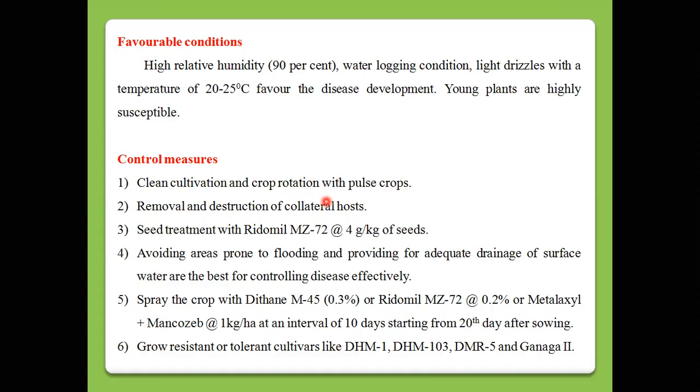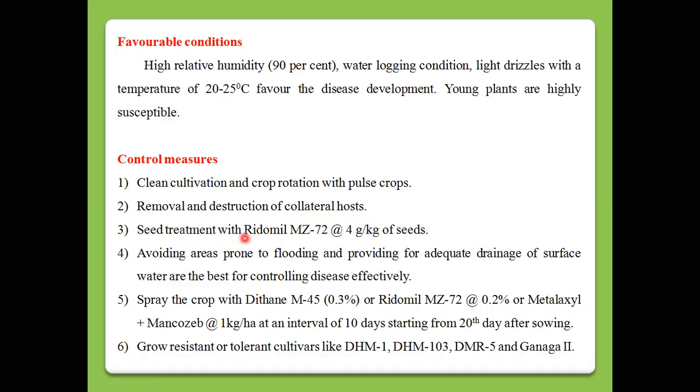This fungus can also survive on weeds, that is, Digitaria weed species act as a collateral host for the Sclerospora pathogen. So eradicate the inoculum of Sclerospora on collateral hosts. This practice is necessary to avoid inoculum on the collateral host.